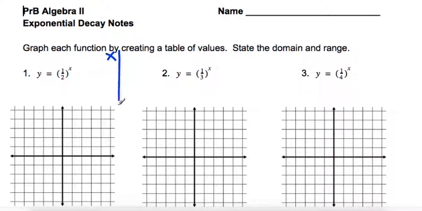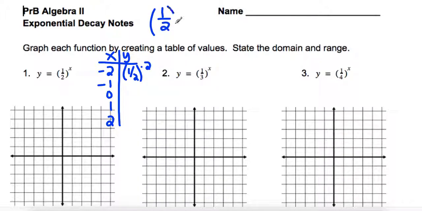So we're going to make a table of x, y values, and I'm going to plug in -2, -1, 0, 1, and 2. So now we're going to take 1/2 to the -2 power. I'm going to do this up here at top so you can see exactly what's happening. If we're taking 1/2 to the -2, this happens to both these things.